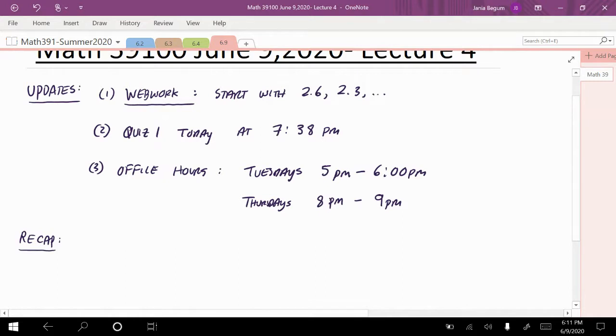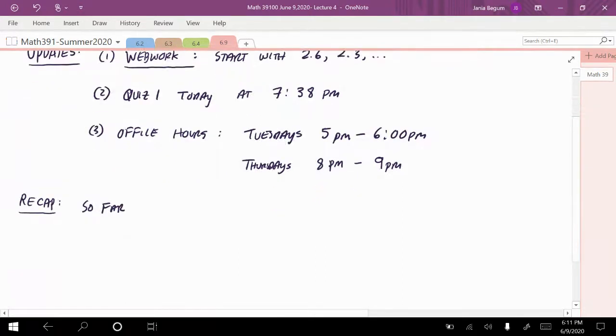So far, we are working on solving first order differential equations, right? We have discovered the first method. It was separable.